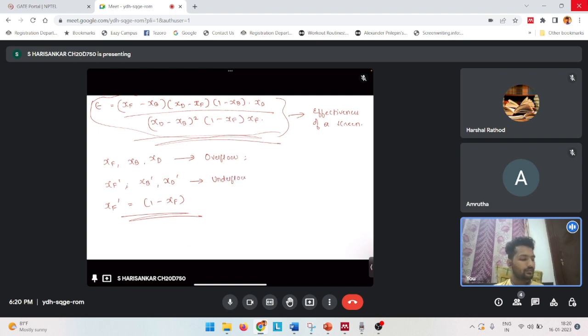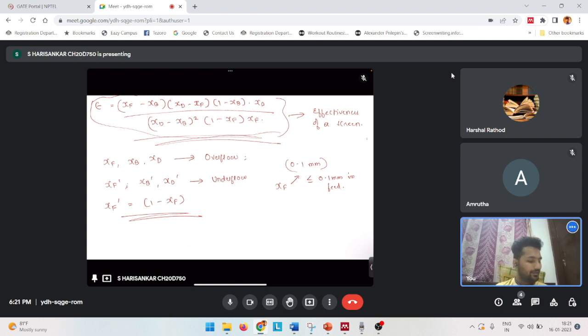So let us say we take the last arbitrary value that we took, 0.1 mm. Let us say we need particles to be separated based on whether they are greater than 0.1 mm or less than 0.1 mm. So xF means the number of particles that are less than or equal to 0.1 mm in the feed.